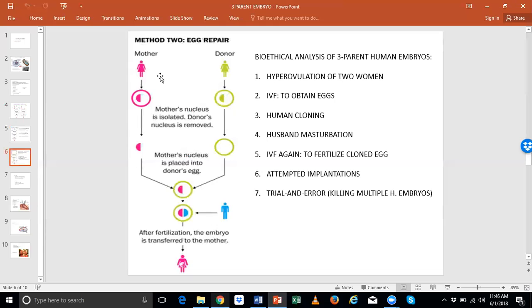However, perhaps a pregnancy for her could be dangerous. She's high risk automatically, and it's going to take a lot of ATP and so on and so forth. So why not implant this embryo into a third woman who will be the gestation mother? Okay, and yes, this appeals to our sense that we shouldn't go there, but it's happening.